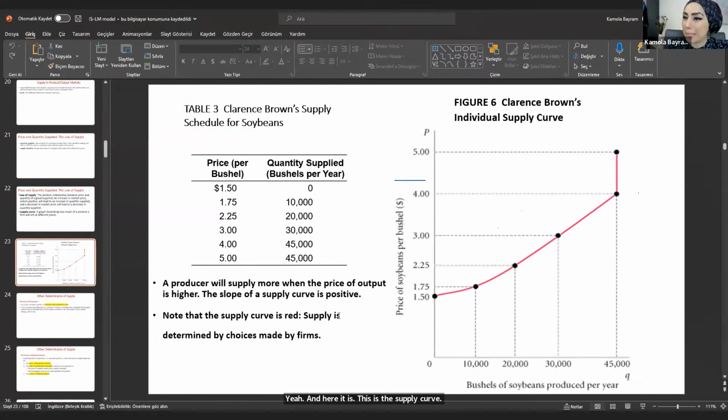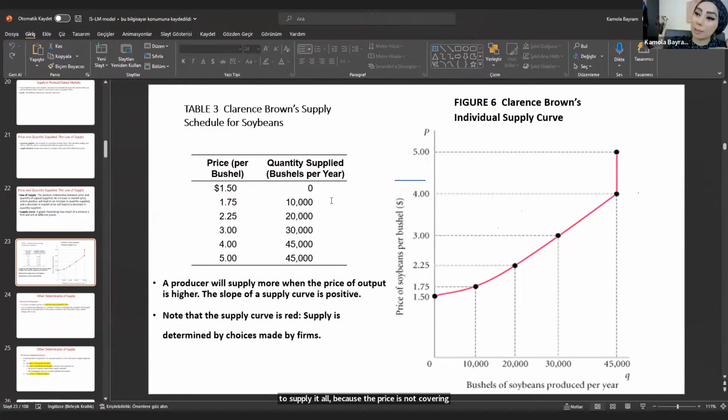Okay, now let us see. We have Clarence Brown's supply schedule for soybeans. Now we have changes in price, and we also see quantity. Price is on the vertical axis and quantity is on the horizontal axis. So if the price of soybeans per bushel is 1.5 USD, the producer is not going to supply at all because the price is not covering his expenses.